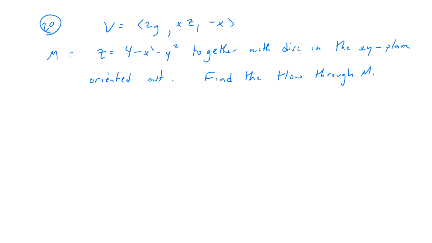But since we know 4.6, this becomes easy. So what is the flow of this? This is the flow through M of v dot n dS. What is that equal to? Yeah, it's going to be 0.